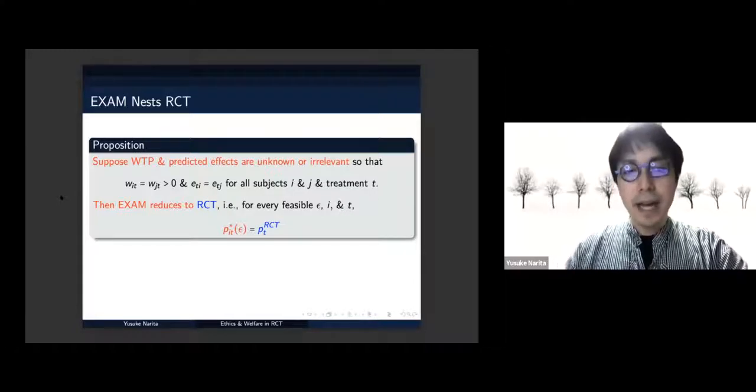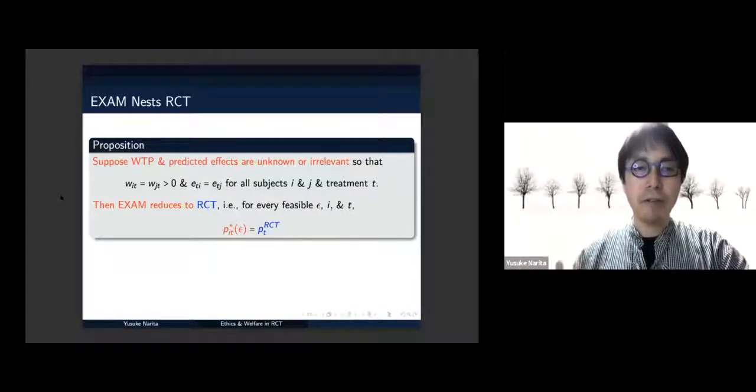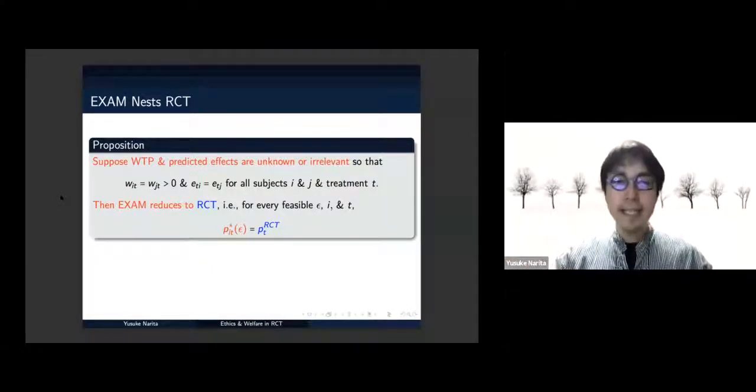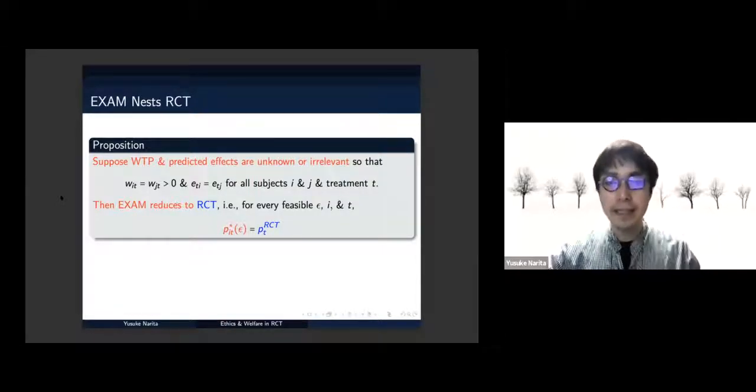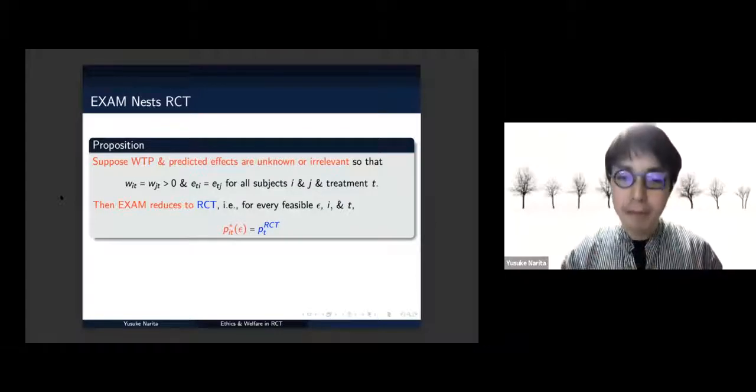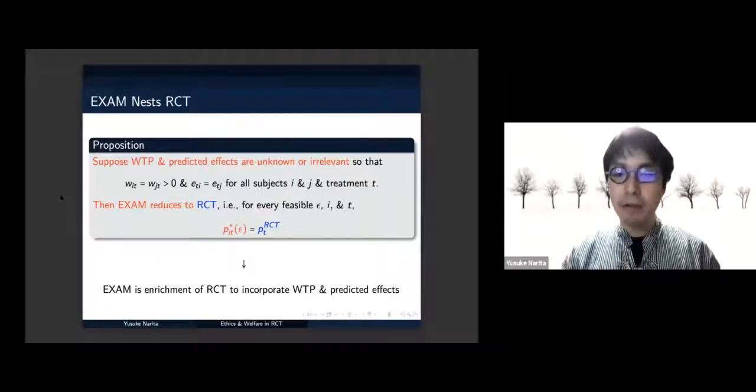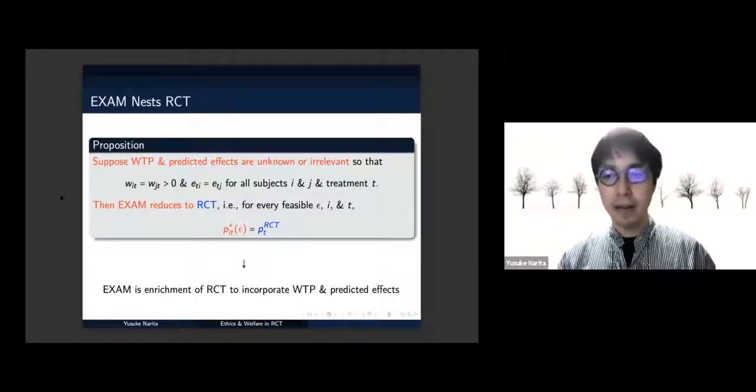Then even in this scenario, it's still possible for the experimenter to implement exam, right? Because the experimenter can simply make both willingness to pay W and predicted effects E be the same and constant for everybody and every treatment. Then in this scenario with no welfare data, exam turns out to reduce to the usual RCT, in the sense that the two experimental designs produce all the same assignment probability for everybody and every treatment. So therefore, this exam is a strict enrichment of RCT, developed to incorporate the additional information about willingness to pay and the predicted effect.